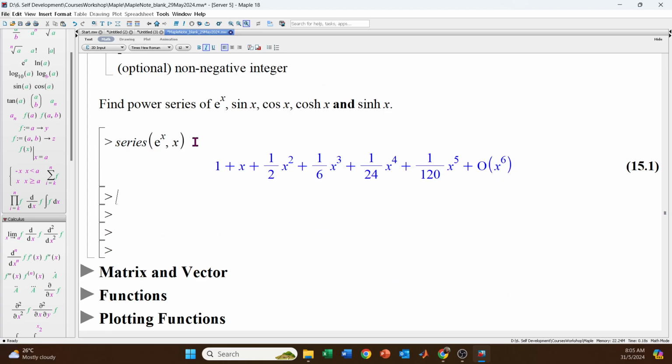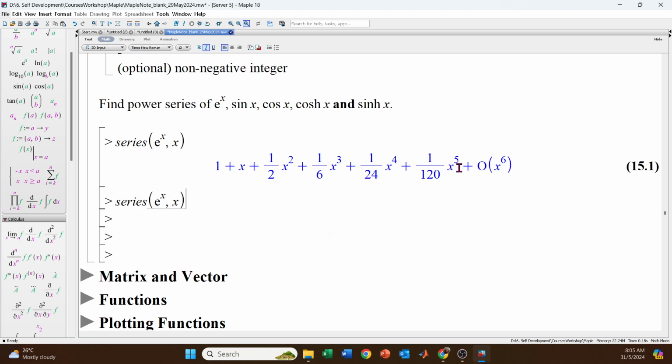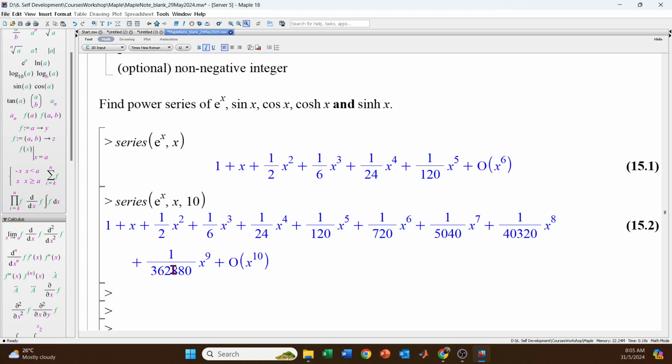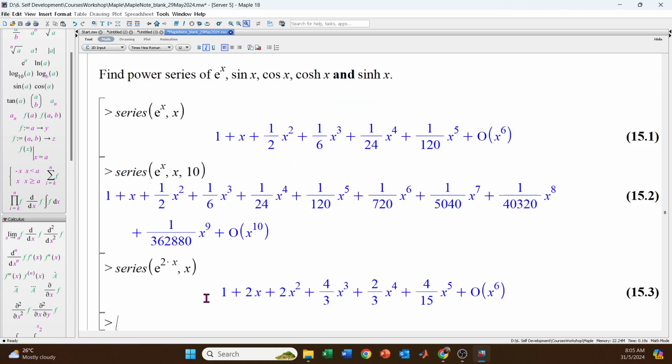If you want more terms, let's say I put here comma 10, up to x power 10. Same thing, you can copy. For example, I want x replaced by 2x.